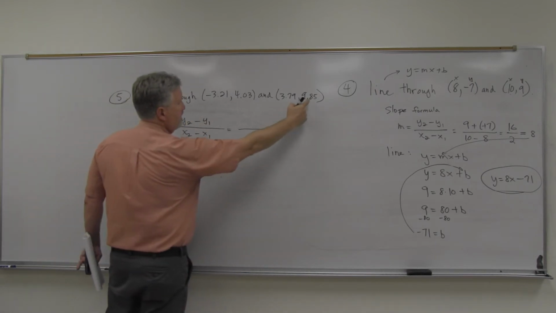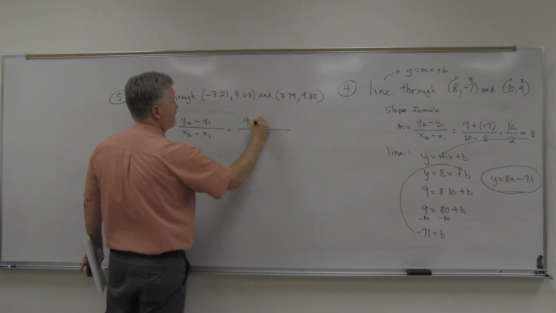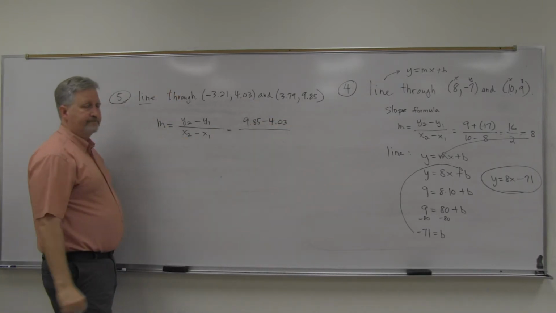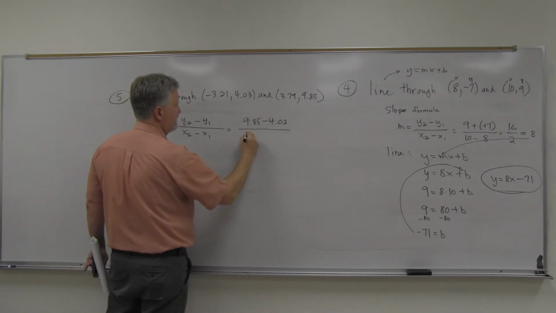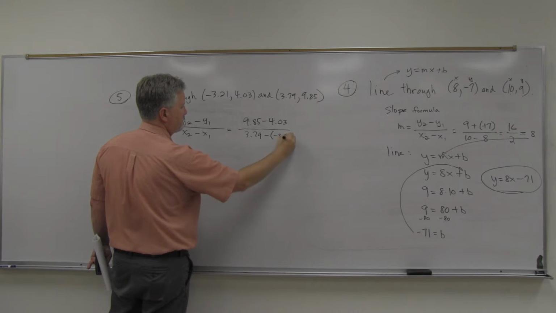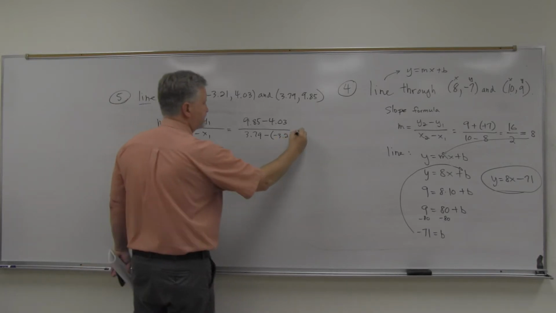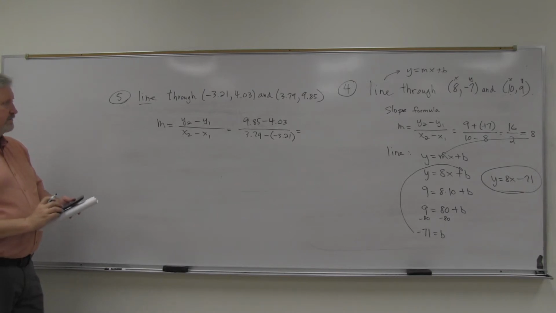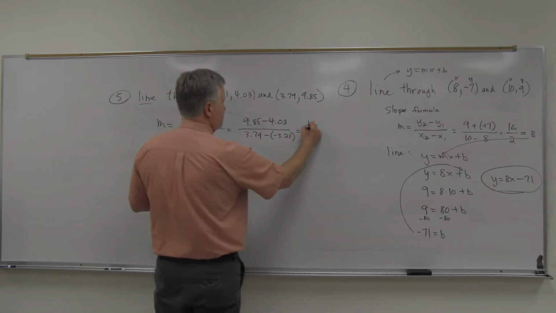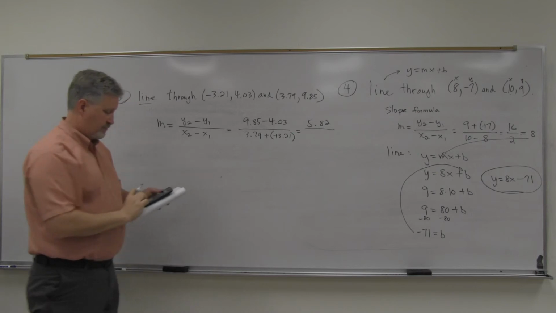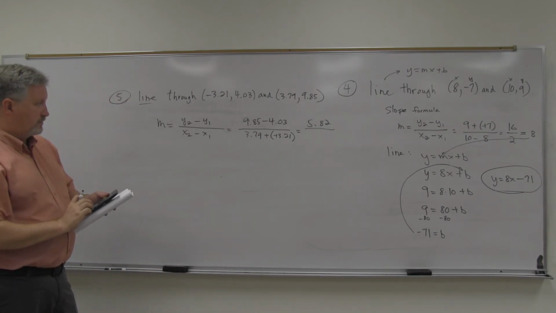So what is m here? 9.85 minus 4.03, y2 minus y1, over x2, 3.79, minus x1, negative 3.21, so those are double negative again. So that gets me 5.82, divided by, we've got the double negative, 3.79 plus 3.21.